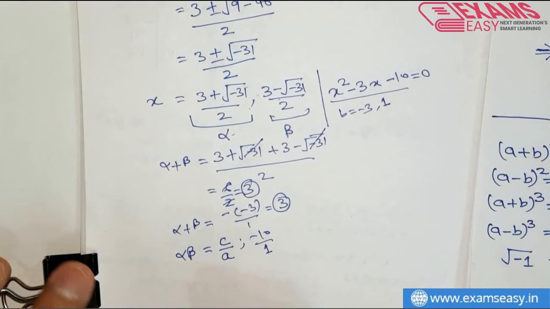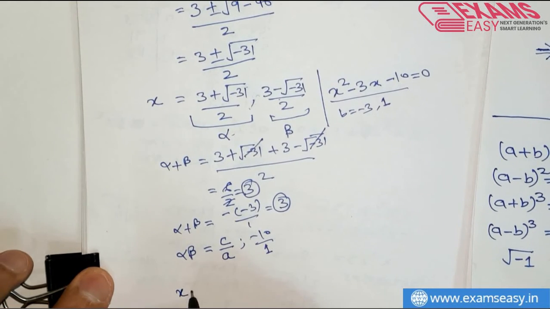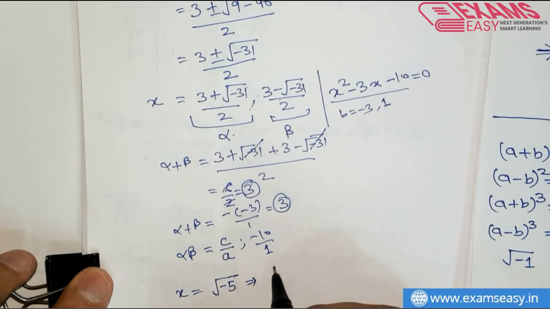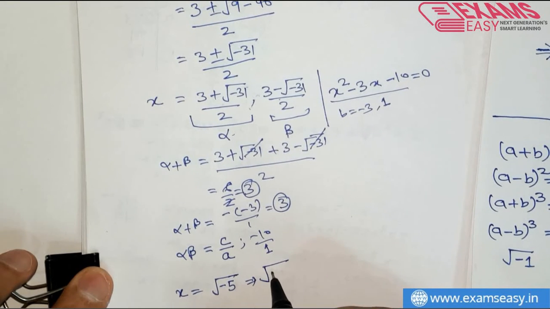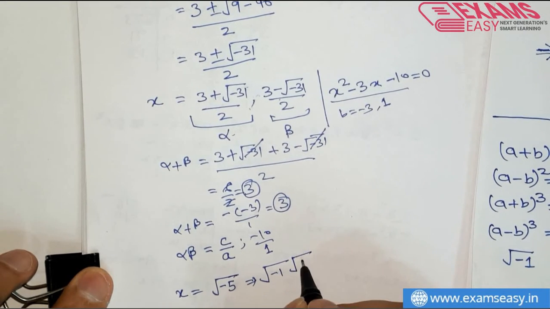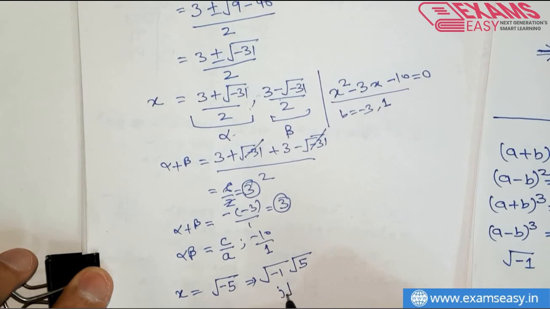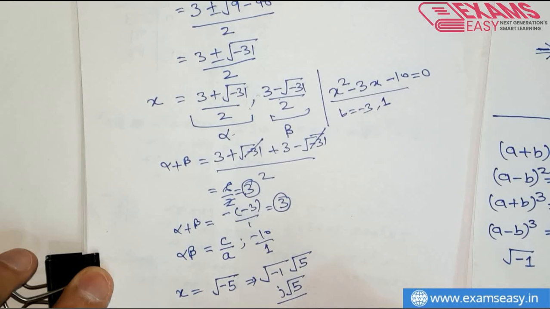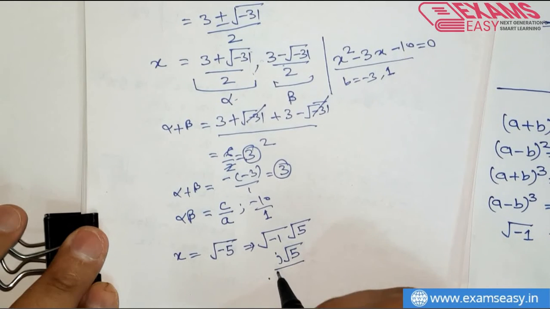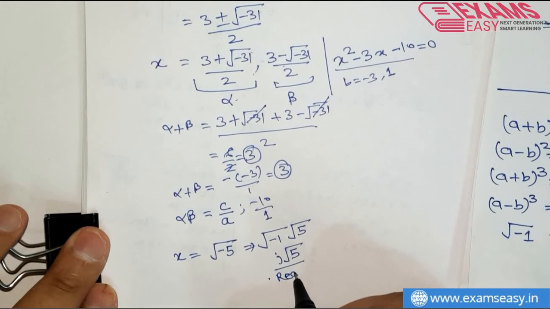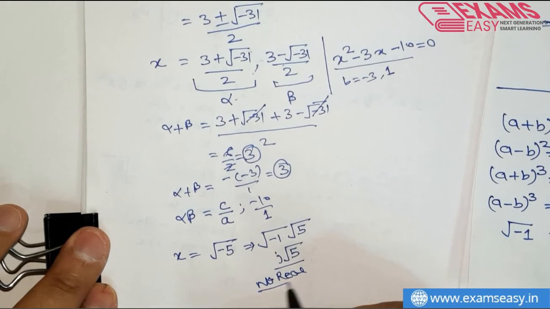Suppose your value of x comes out to be under root minus 5, then the minus can be taken out, or we can write it as under root minus 1 into under root 5. Under root minus 1 is nothing but i, and 5 will be written as it is. So this represents an imaginary value. It does not have any real value.